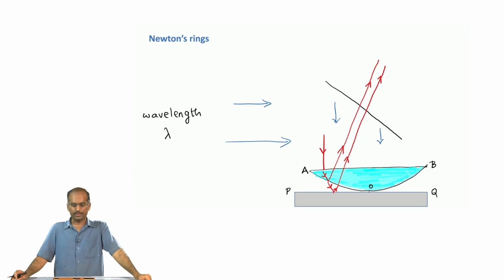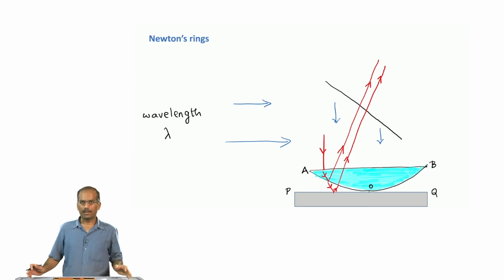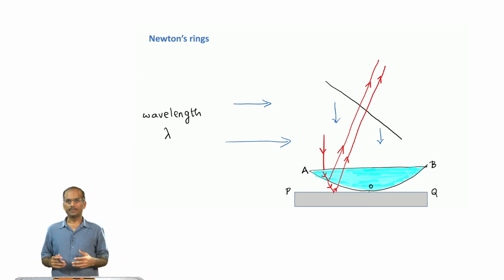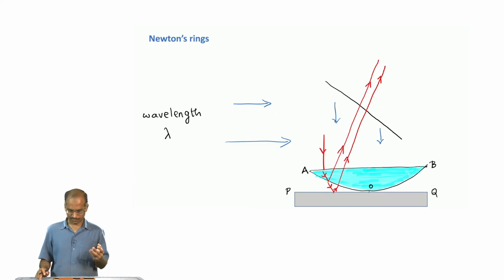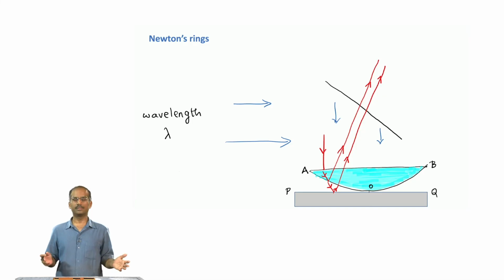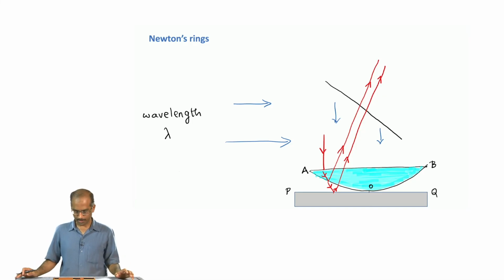Now, let us start with Newton's rings. The idea behind Newton's rings is about all this interference, and constructive and destructive interferences. It was actually observed much before Newton, but Newton was the first person to analyze it in some detail. So, here I have the typical setup to observe Newton's rings.